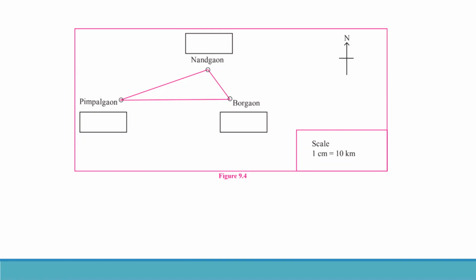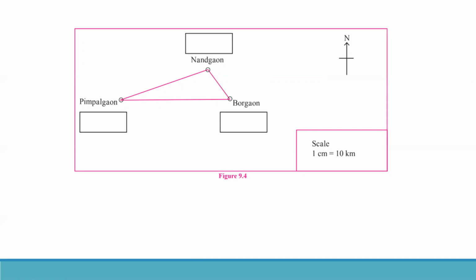Now figure 9.4 shows the location of these villages on a map. The scale is also given: 1 centimeter is 10 kilometer. Now we have to convert this kilometer into centimeter first. Now we have to measure the distances on the map and find out which village belongs to whom. We have to note the names and the distances.